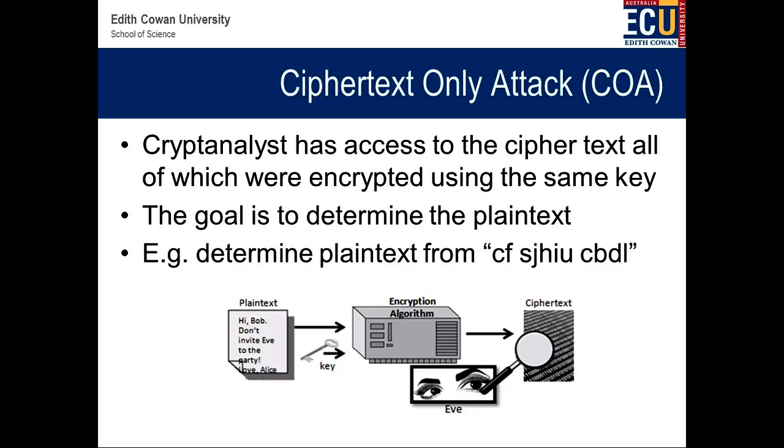So your cryptanalyst has got the ciphertext, and the condition is that it has been encrypted with the same key. And the cryptanalyst attempts to find out what the plain text was against this ciphertext. This type of attack is known as a ciphertext only attack.